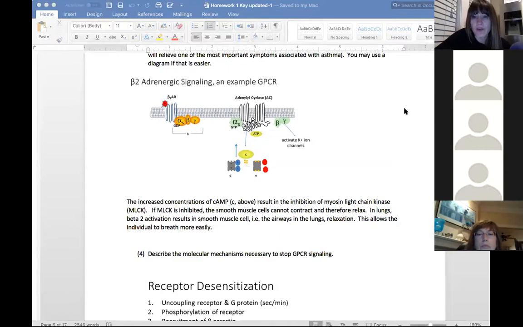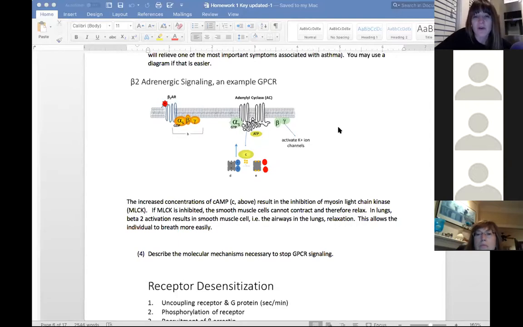So if we look here, if we have Gs activation, we have increased levels of cyclic AMP, and this one goes directly to inhibiting the myosin light chain kinase. So it must be a matter of increased concentrations of cyclic AMP resulting in the inhibition of the kinase.